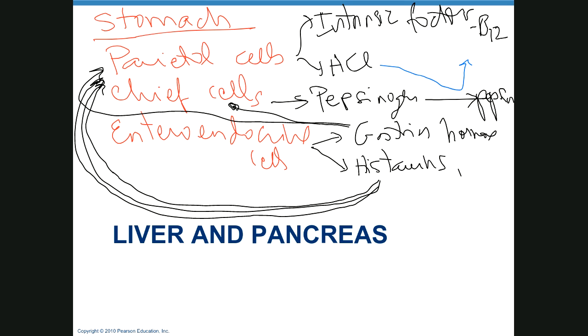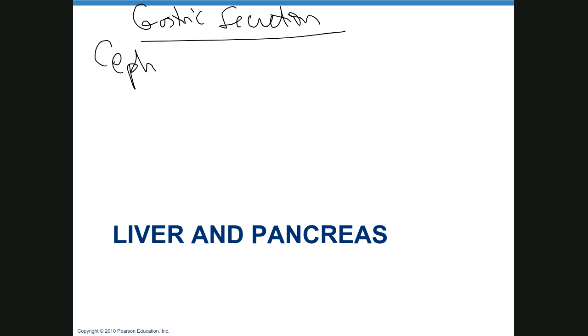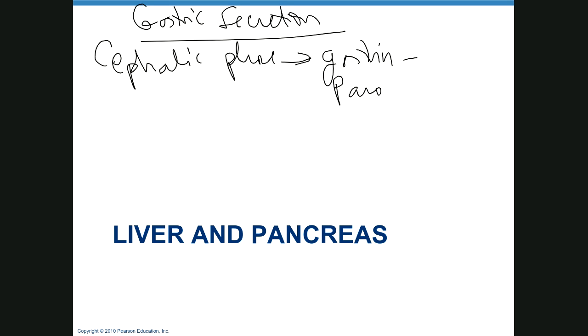Okay, so gastric secretion phases were the cephalic phase, which prepared the stomach for the arrival of food and initiated the secretion of gastrin, parasympathetic stimulation, and it was a short phase. This is the shortest of the phases.